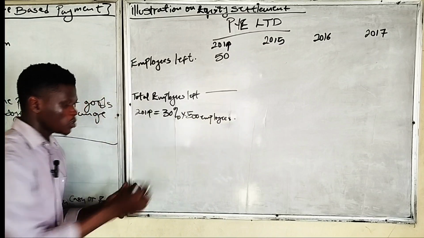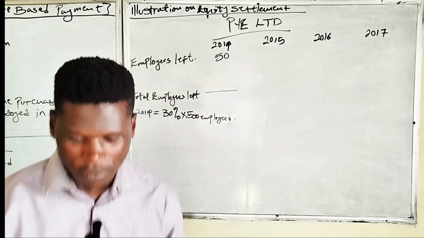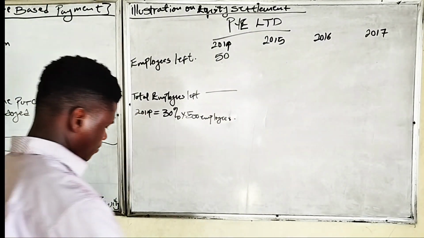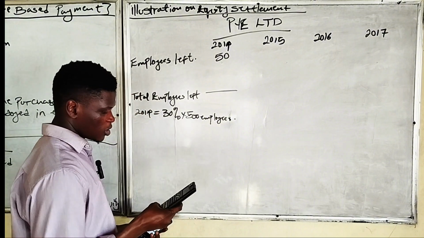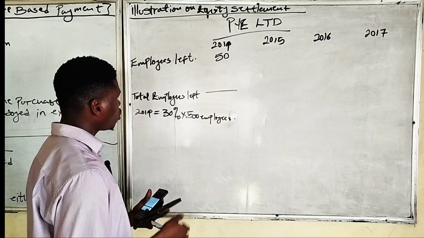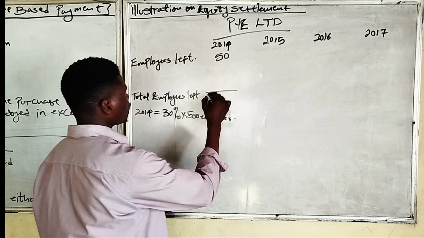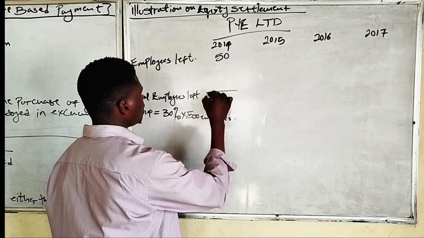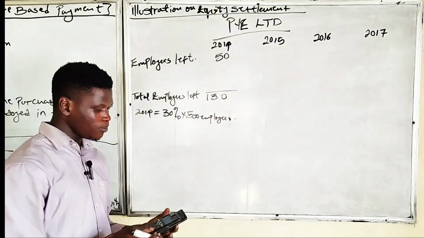This will give us the number of employees that will leave in 2014. So 30% is 0.3 times 500, which gives us 150 employees. So 150 employees will leave in 2014.